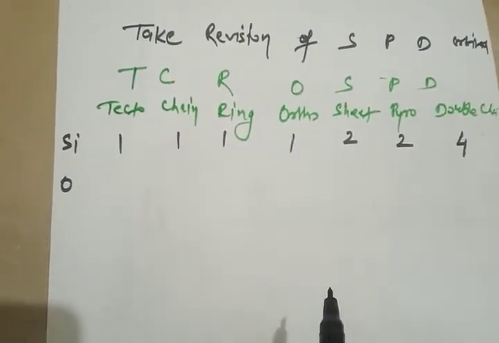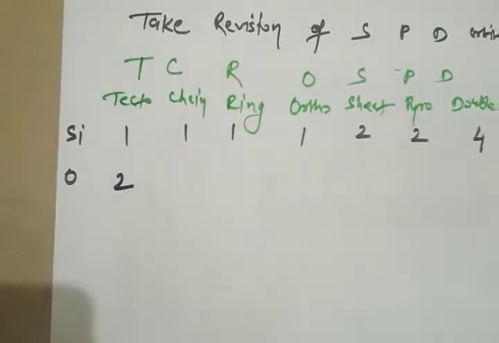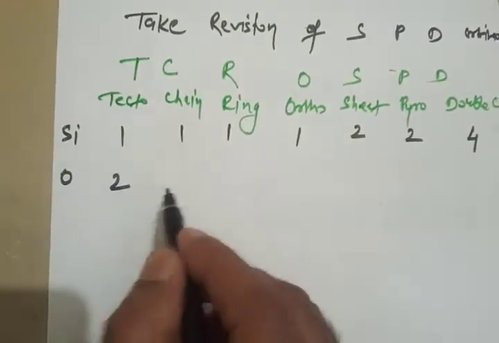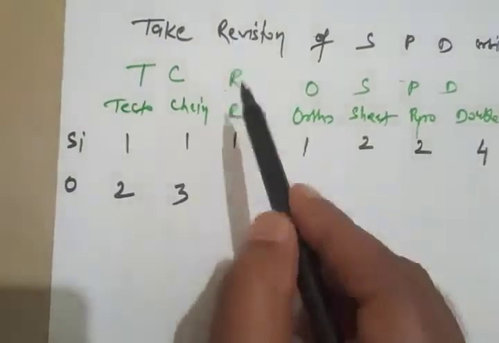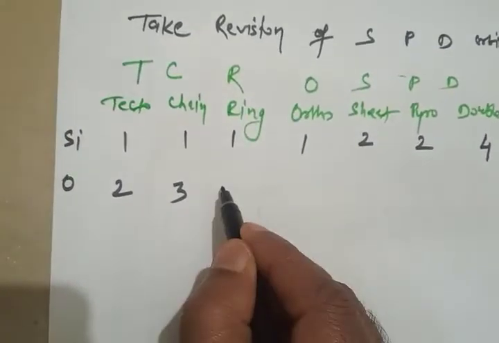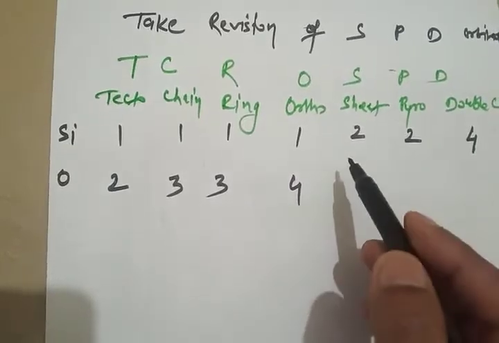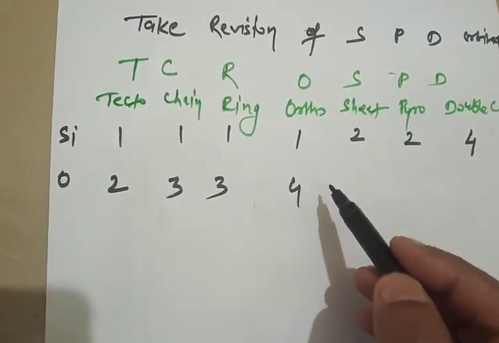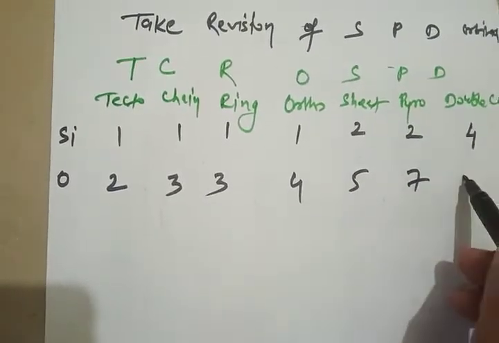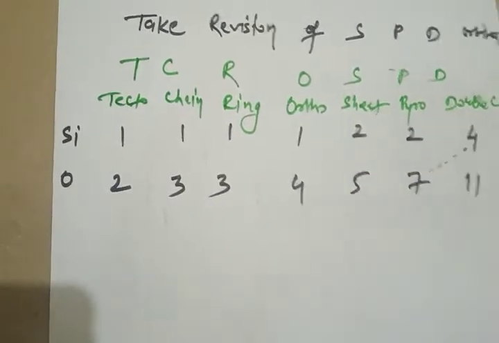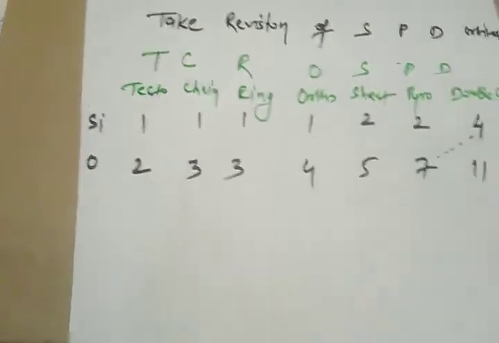Then for oxygen we first write 2, 2 and 1 is 3. Then R is the revision, so I'll revise, that is 3 again. Then 3 and 1 is 4, 4, 1 and 1 is 5, 5 and 2 is 7, 7 and 4 is 11. Here is something you should remember. So this is how you can find the number of silicon and oxygen atoms.